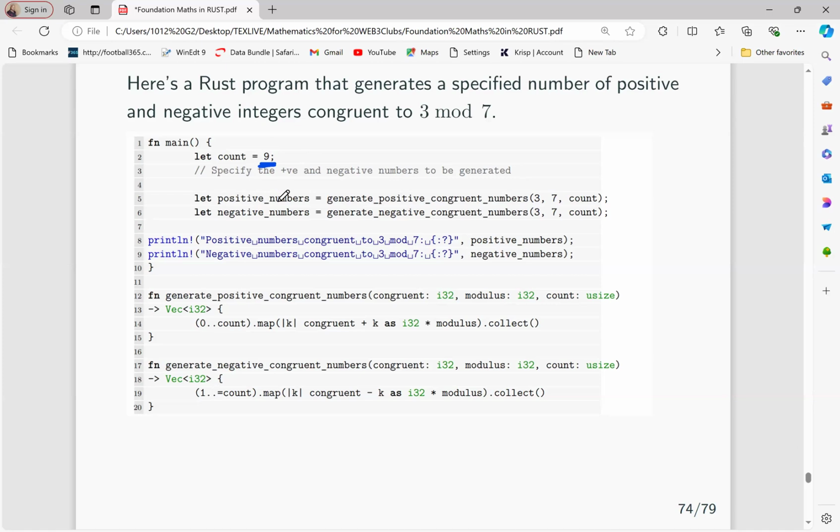Now, let positive numbers. This is what will generate the positive numbers. So I say generate positive congruent numbers 3 mod 7 and then count. What does this 3 mean?